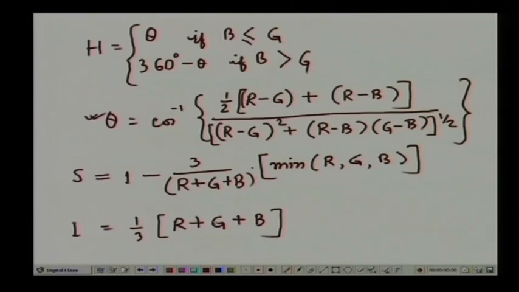So, from these red, green and blue components, we can very easily find out the hue, saturation and intensity components.